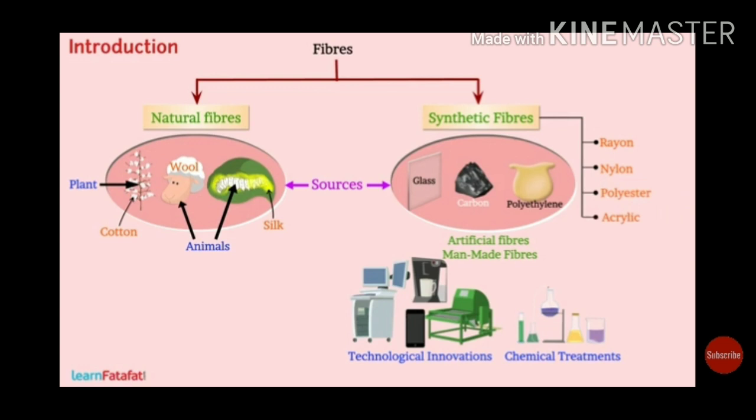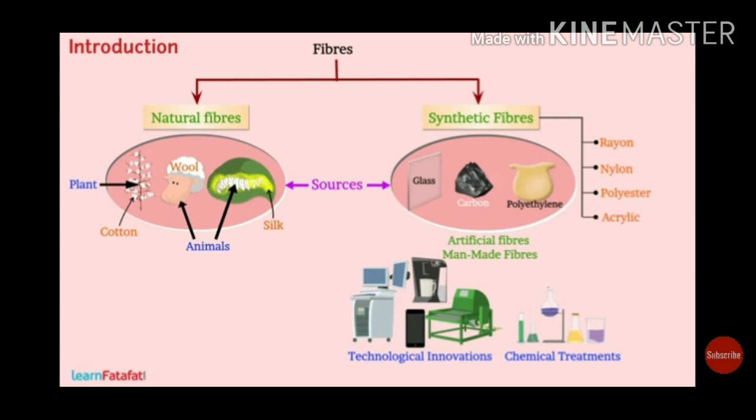In your lower classes, you already learned about the fibres, like the natural fibres, which are cotton, silk, and wool. Why are they called natural fibres? Because they come either from plants or from animals.